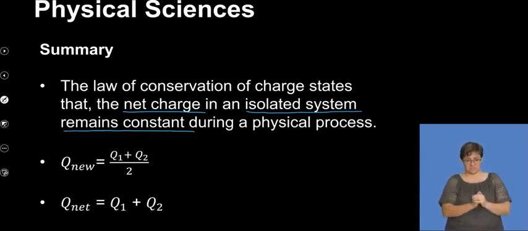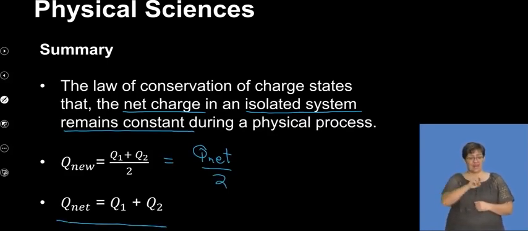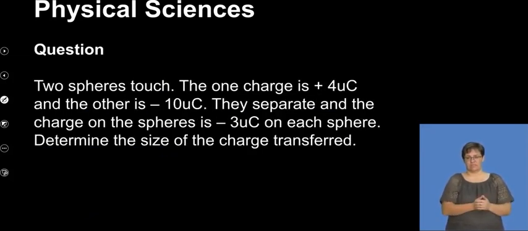And we know that for us to obtain the new charge during a physical process, this is the same as saying Q net divided by 2, okay? Because Q net is the sum of the two charges that are interacting. So this is actually the main idea as far as conservation of charge is concerned, all right? Okay, we understand that.